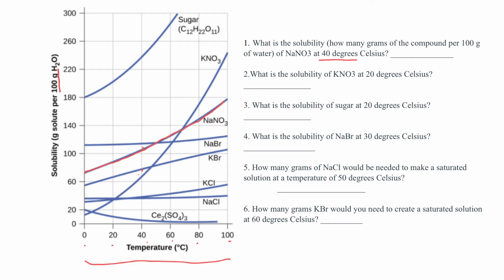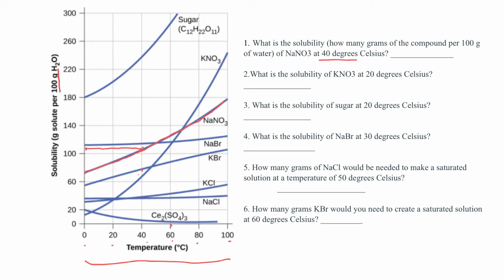And at 40 degrees Celsius, it looks like we can dissolve about 108 grams of sodium nitrate. But that's at 40 degrees. If we want to know at 60 degrees, we'd have to follow this line up and find that.